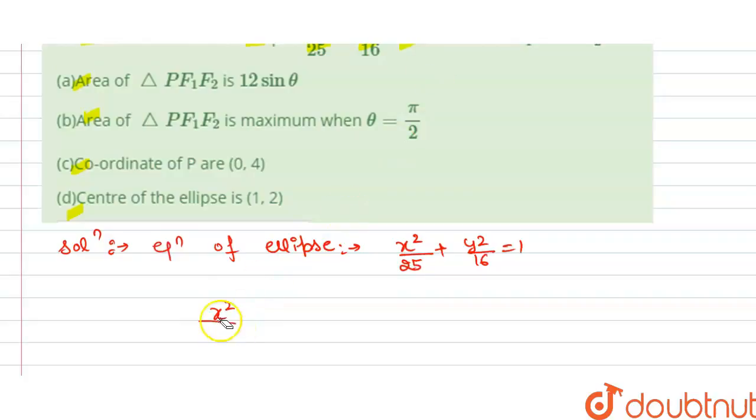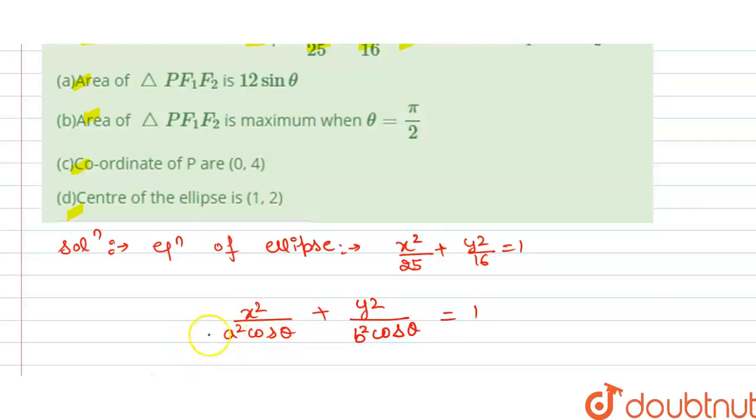So this will be x square divided by a square cos square theta plus y square divided by b square sin square theta, which is equal to 1.